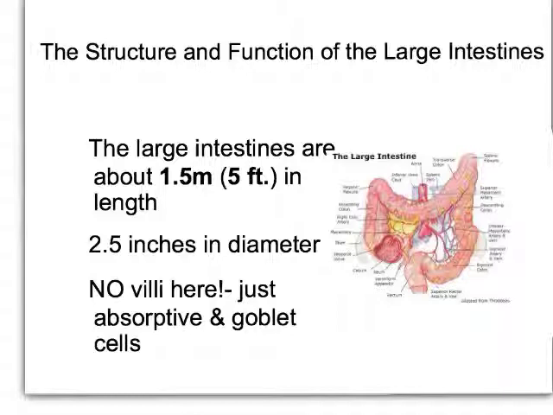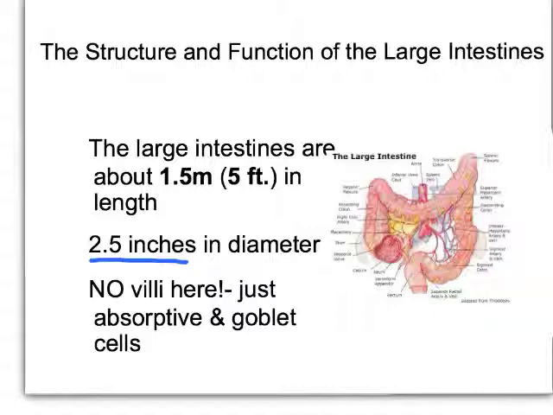Okay, so let's take a look at these large intestines. So large intestines are actually pretty short compared to the small intestines. They're only about 5 feet in length compared to the 25 feet for the small intestines. But the reason why it's called the large intestines is because of the diameter. It's 2.5 inches in diameter rather than 1 inch in diameter.